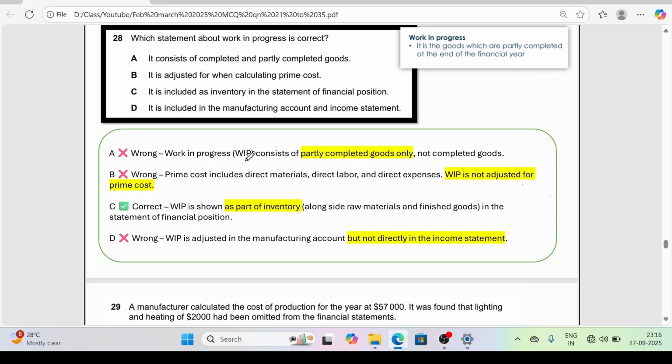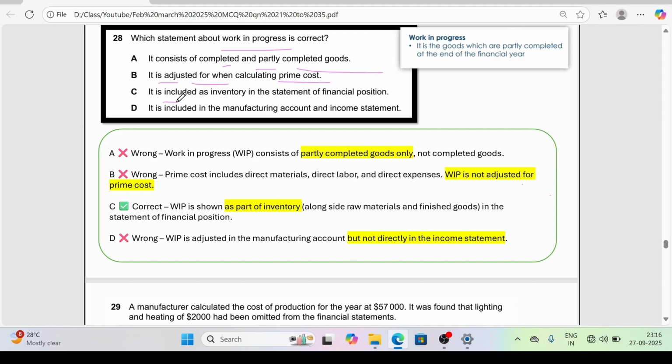Question number 28. Which statement about work in progress is correct? Option A, it consists of completed and partly completed goods. Option B, it is adjusted for when calculating the prime cost.